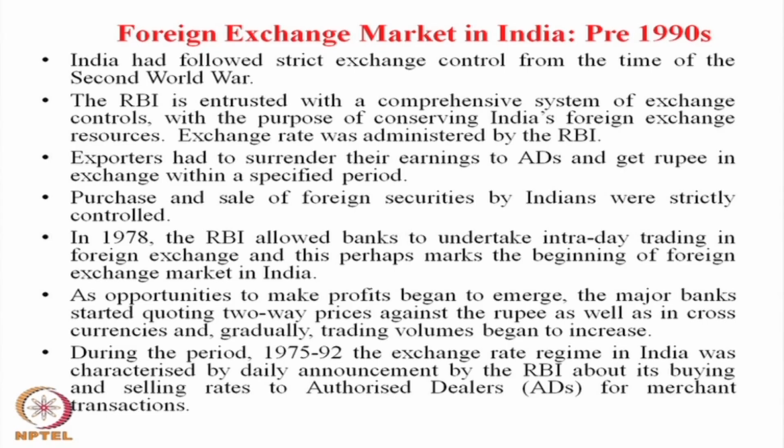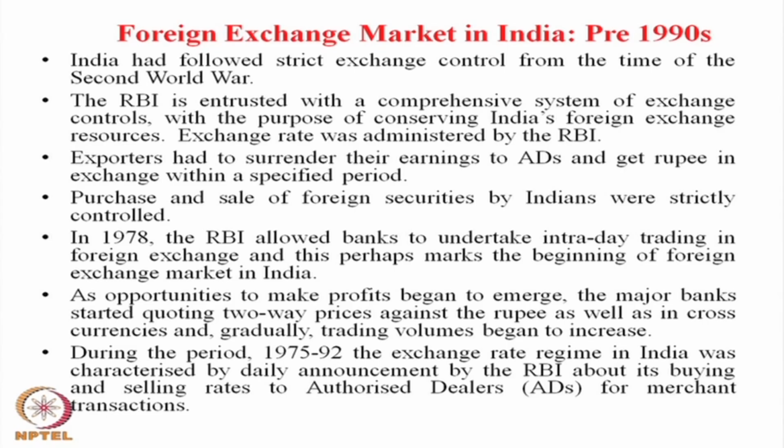In 1978, the RBI allowed banks to undertake intraday trading in foreign exchange, and this perhaps marked the beginning of the Indian foreign currency market. In 1978 RBI allowed banks intraday trading. Intraday trading means that within a day there will be minute-level fluctuation of the exchange rate.